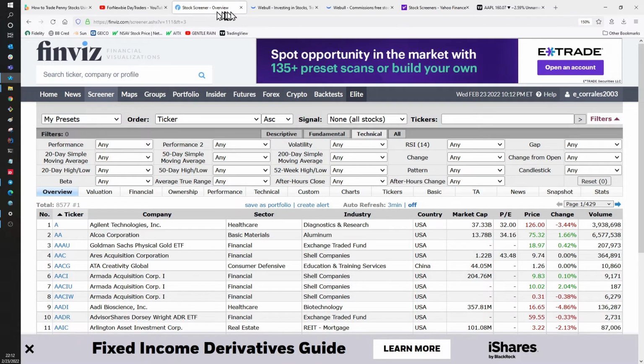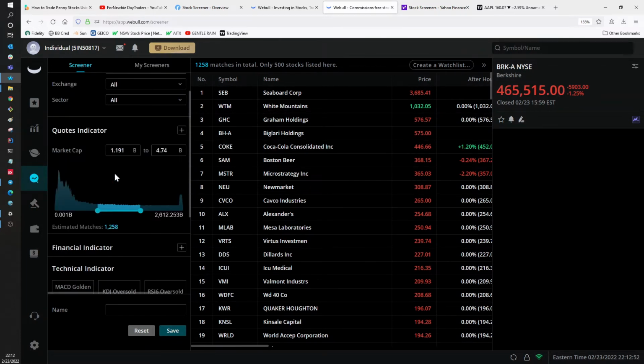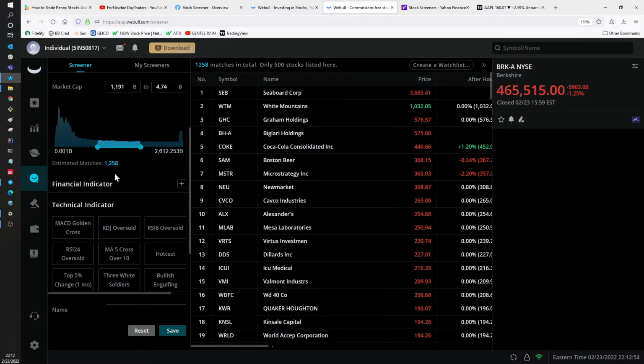From FinViz, we moved on to Webull and their stock screener. And this one, I found it left a lot to be desired.